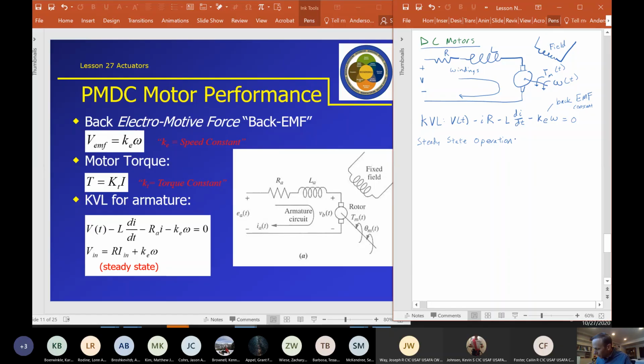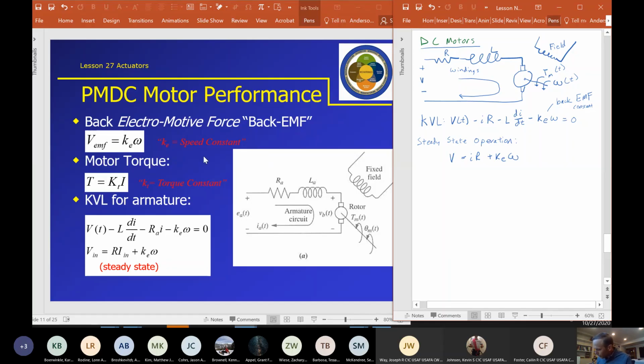I'm analyzing it for steady state operation. So for steady state, I can eliminate the L di dt term, and that simplifies our equation. So then we get V equals IR plus K sub E omega.